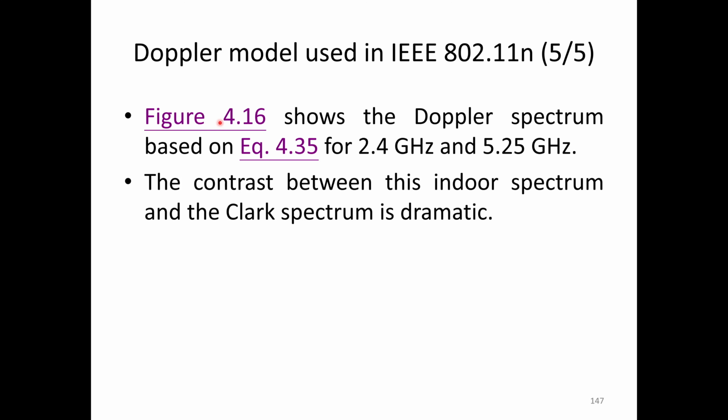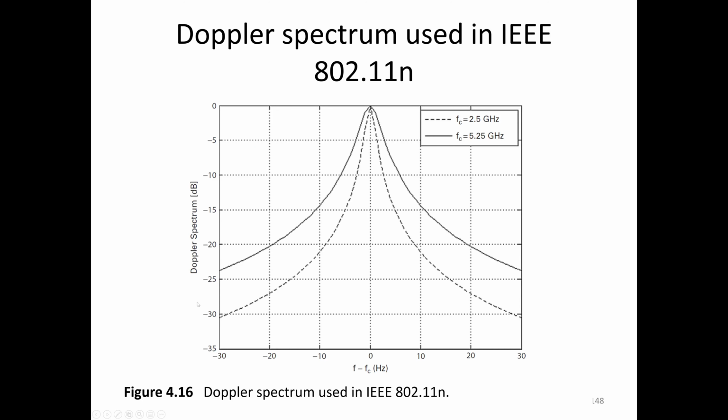Okay, figure 4.16 shows the Doppler spectrum based on equation 4.35 for 2.4 gigahertz and 5.25 gigahertz. So let us see figure 4.16.